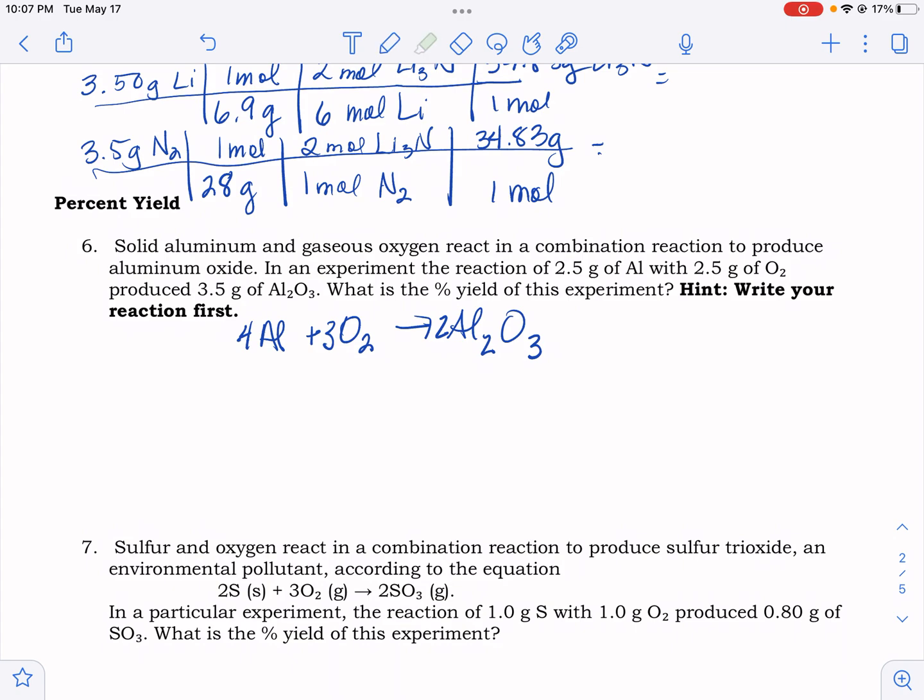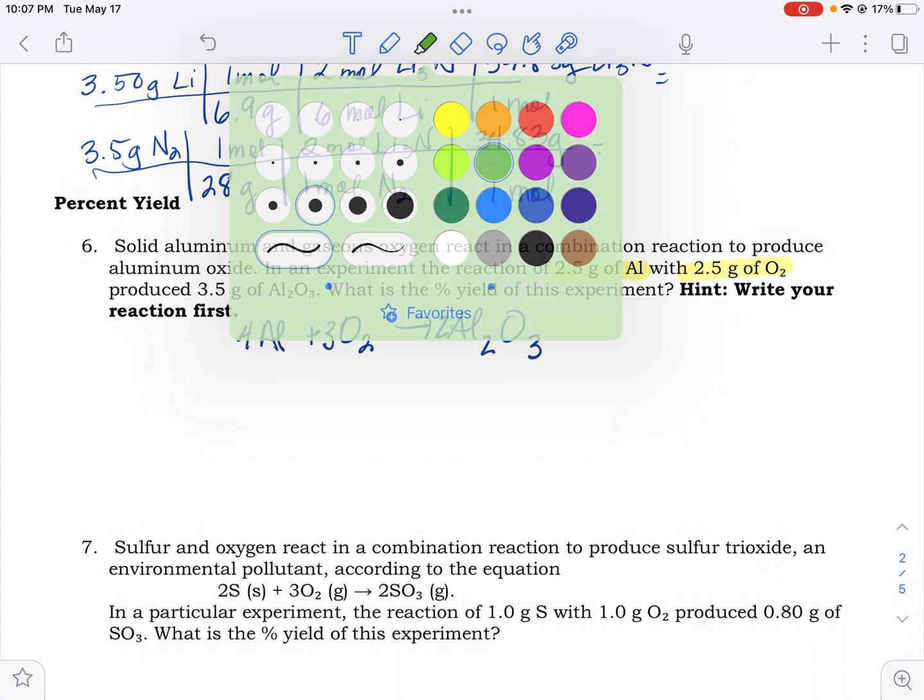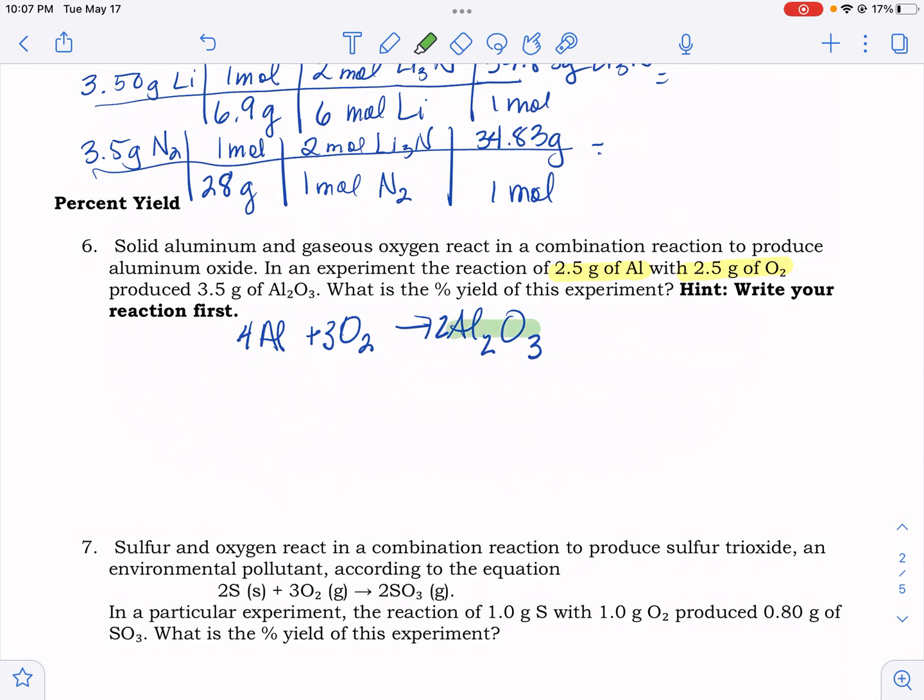Our given amount, we have 2.5 grams of aluminum and 2.5 grams of oxygen, and we're going to solve for the theoretical amount of aluminum oxide. Now notice, it says we produced 3.5 grams. That number is our actual amount.